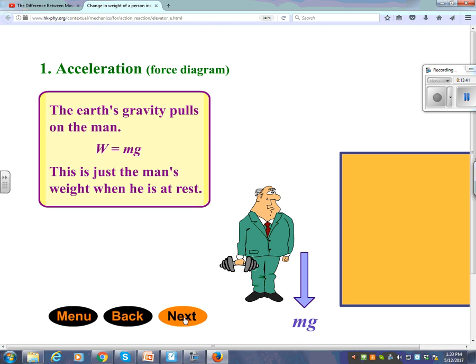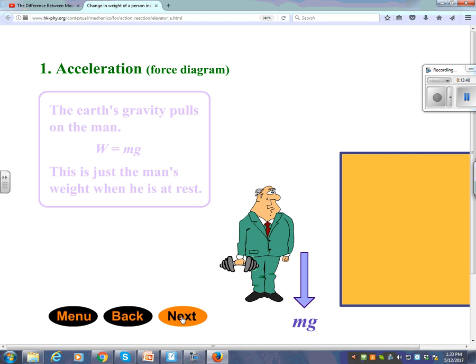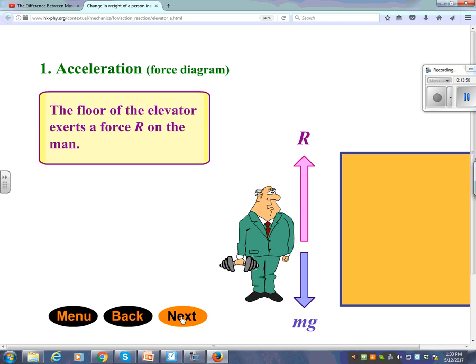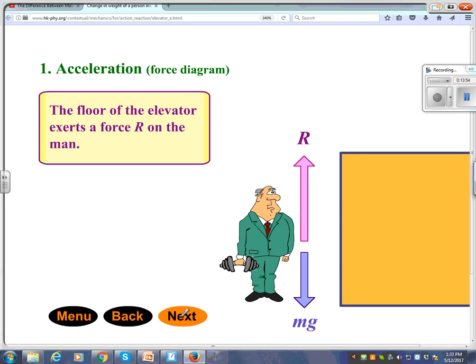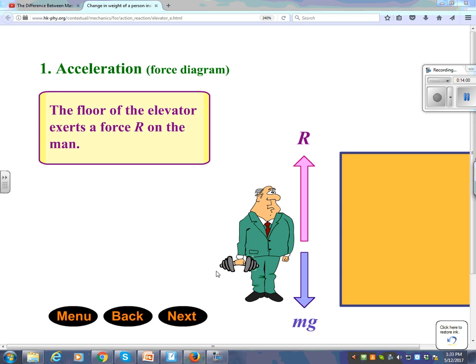Gravity is down. They use W for mg. I use Fw, same thing. This is just the man's weight when he's at rest. The floor of the elevator exerts a force R on the man. We don't call it R, we call it normal, Fn. Are those two balanced? No. How come?